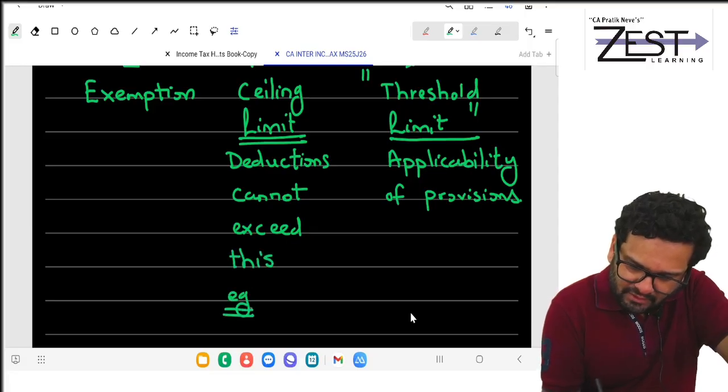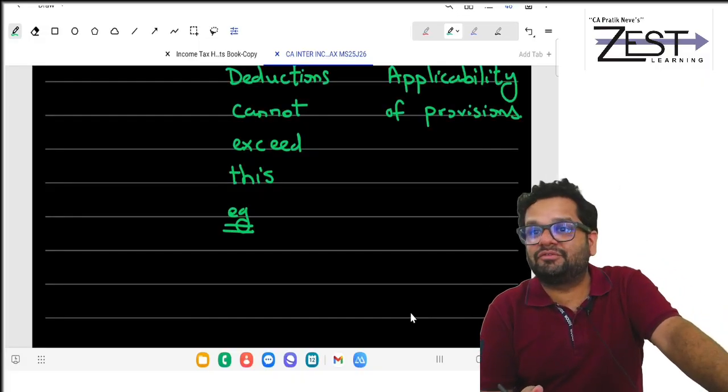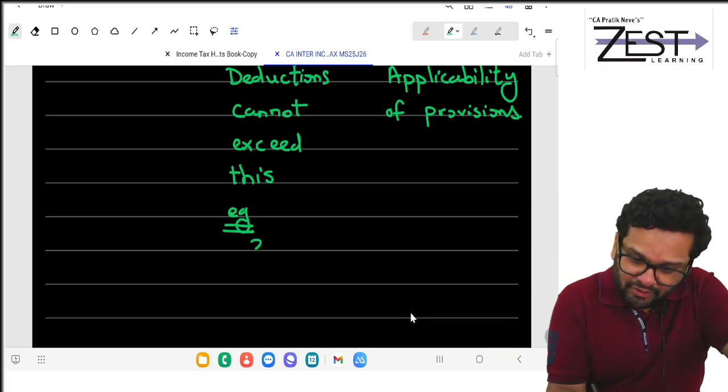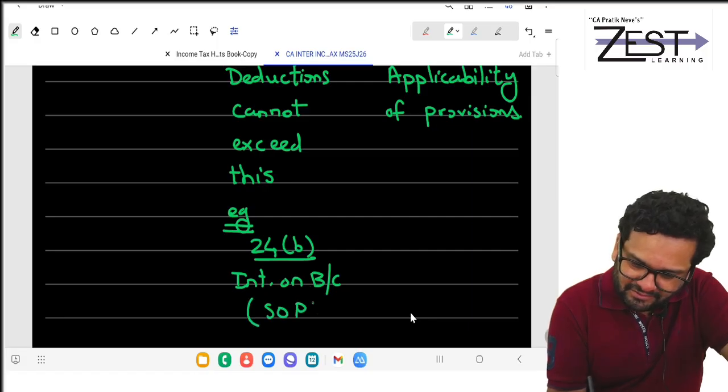Example, mediclaim 25,000 / 50,000. Example, 24B in case of interest on borrowed capital for self-occupied property.